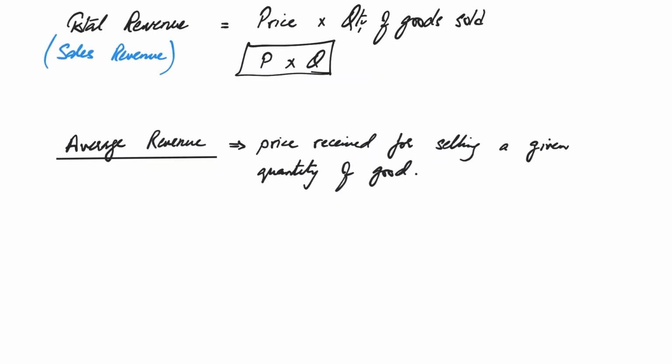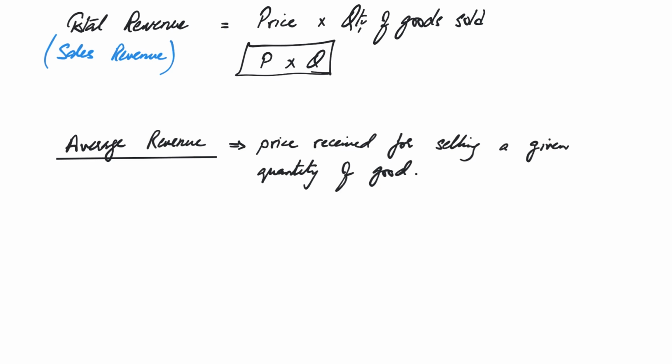They even say average revenue is the revenue per unit. Okay, they say the average revenue is the revenue earned per unit. So when you sell one extra unit, उस पे कितना पैसा कमाया?